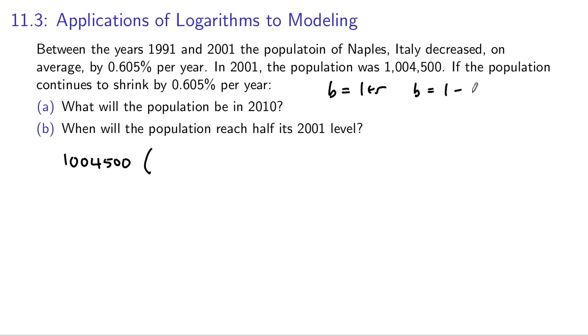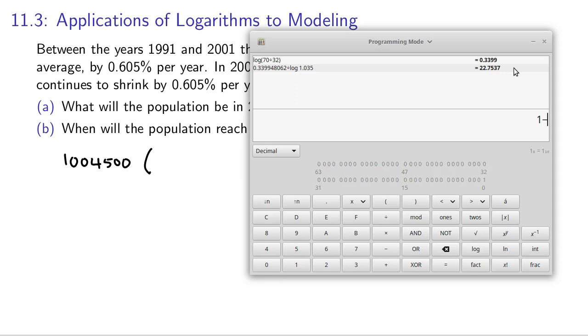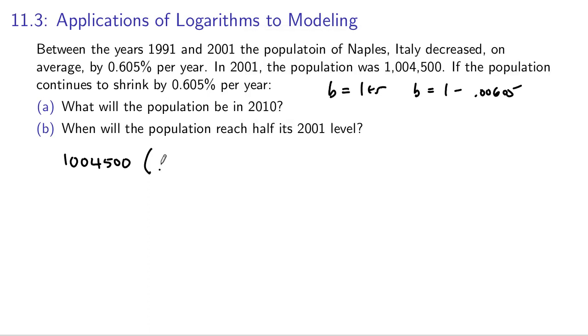So 1 minus 0.00605, we might even need a calculator to do that. 1 minus 0.00605 is 0.99395. That's our b, our growth factor, because we're shrinking here. It's decay. To the t.